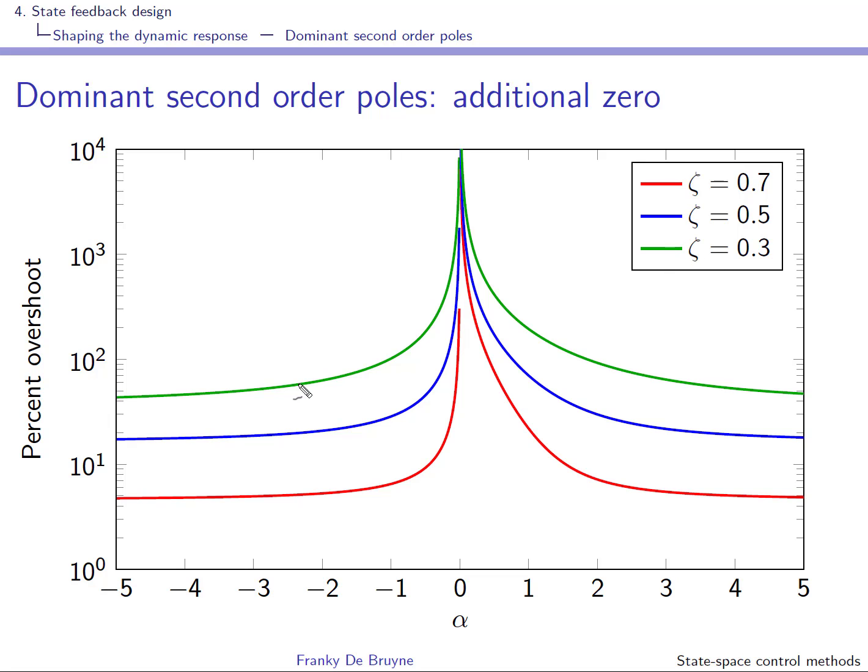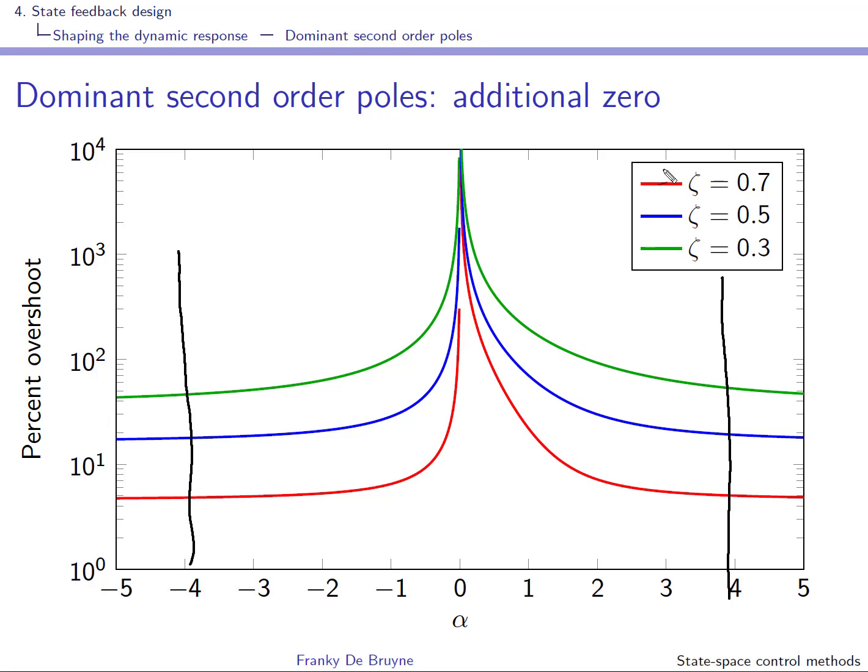You remember that when alpha in modulus is sufficiently high, let's say alpha is either smaller than -4 or higher than 4, the influence of the zero is hardly felt, and indeed what you obtain is the percentage overshoot that you would expect with the original transfer function without the zero.